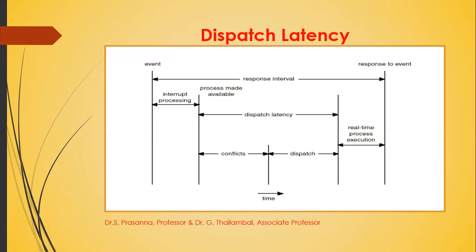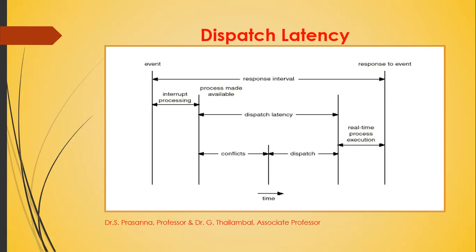Some interrupt happened. After the interrupt gets cleared, the process is made available, and the real-time process execution also happens. So the starting of the process and the time waited for the real-time process execution to start is called the dispatch latency.